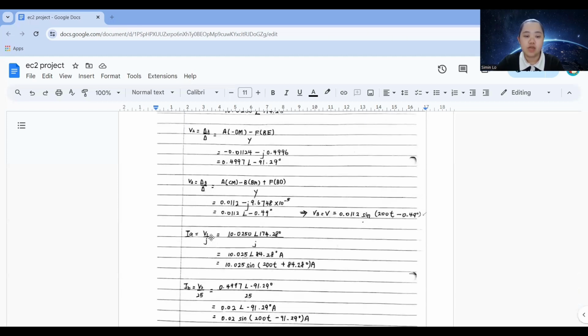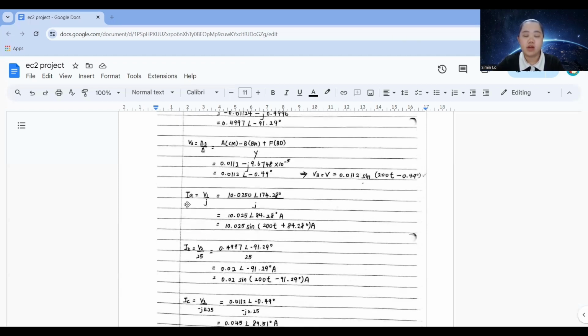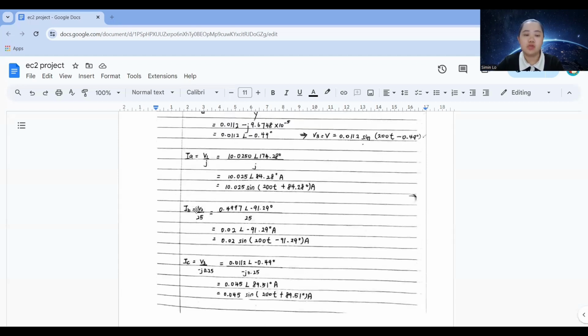We can find that IA is equal to V1 over j, based on Kirchhoff's current law. Finally we got the answer IA is equal to 10.025 sine 200t plus 84.28 degree ampere. IB is equal to V2 over 25, and the answer is 0.02 sine 200t minus 91.289 degree ampere.